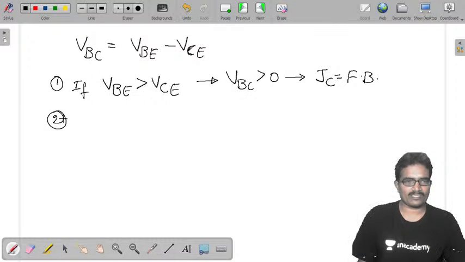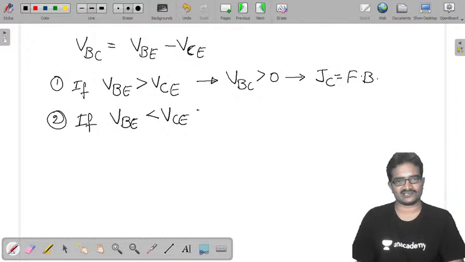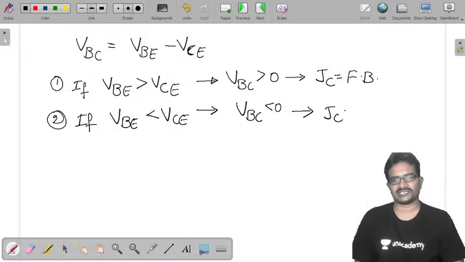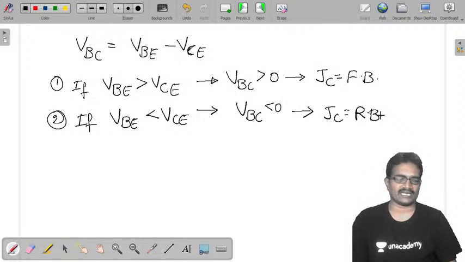Similarly, if VBE is less than VCE, because we are applying VCE also, then VBC is less than 0, because this is less and this is more. In that case, the collector junction is reverse biased. This much knowledge is sufficient to plot the output characteristics of a transistor.